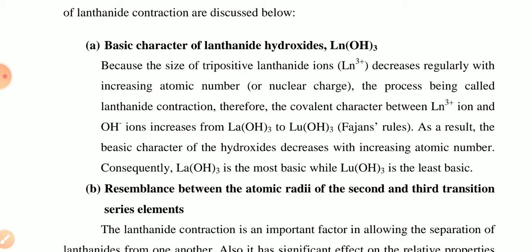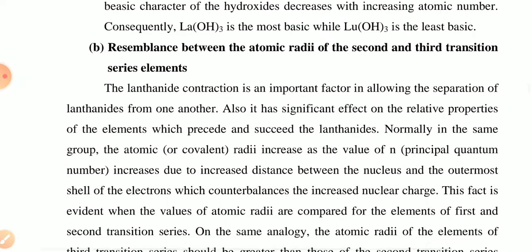So from first to last the atomic number increases, but the basicity of the hydroxide decreases. The lanthanide contraction is also an important factor in allowing the separation of the lanthanides from one another. You can separate the lanthanides from one another, and the lanthanide contraction plays an important role in it.